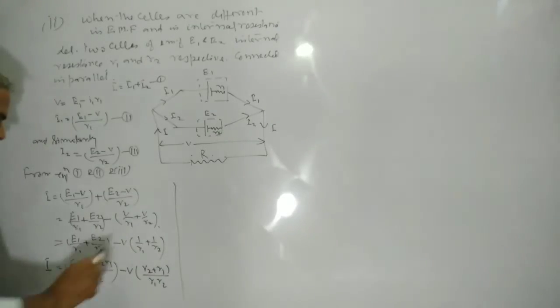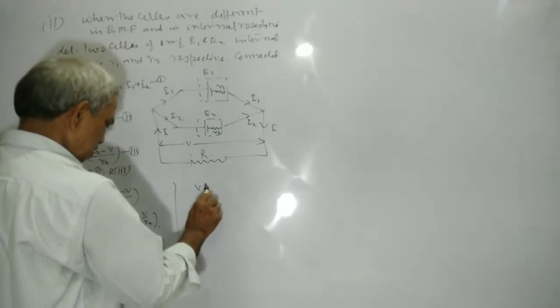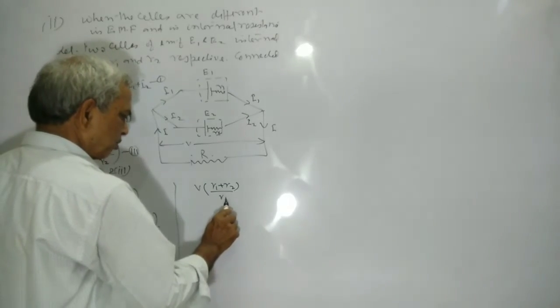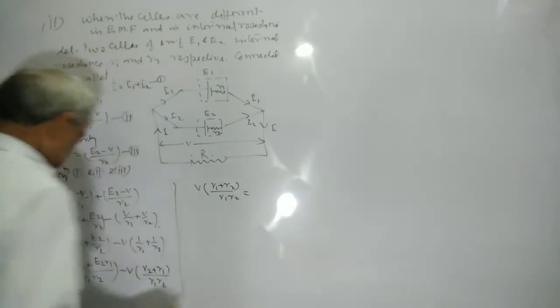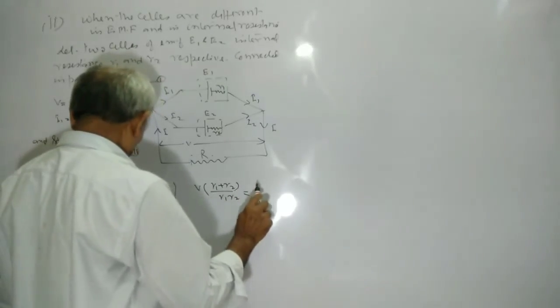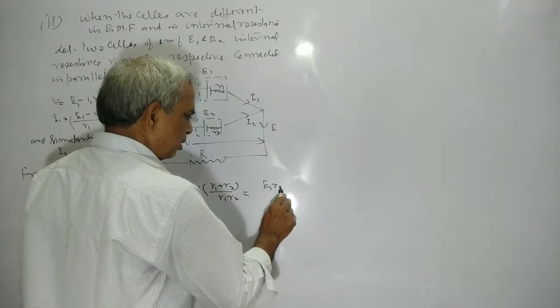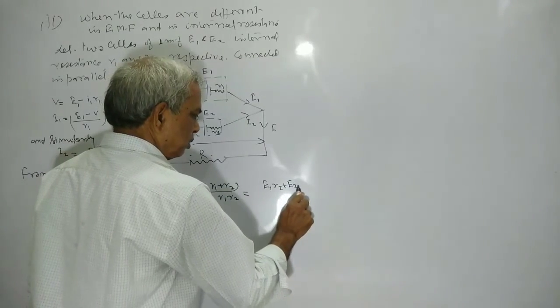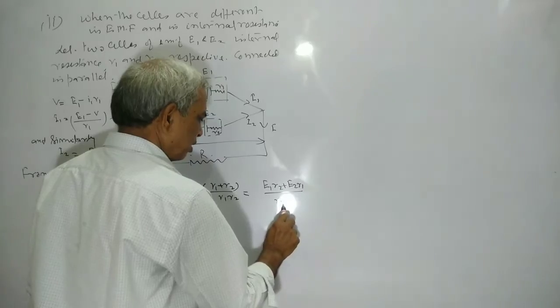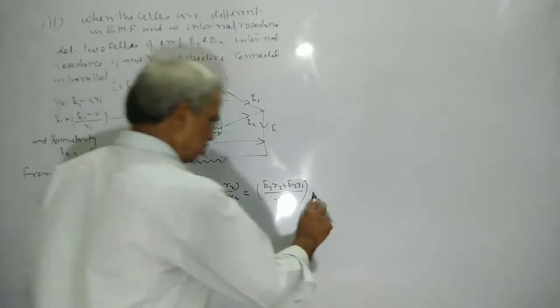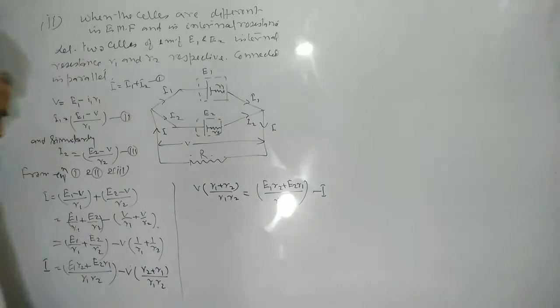For the potential, V into (R1 plus R2) upon R1 R2 equals (E1 R2 plus E2 R1) upon R1 R2 minus I. We shift this toward this and I toward this.